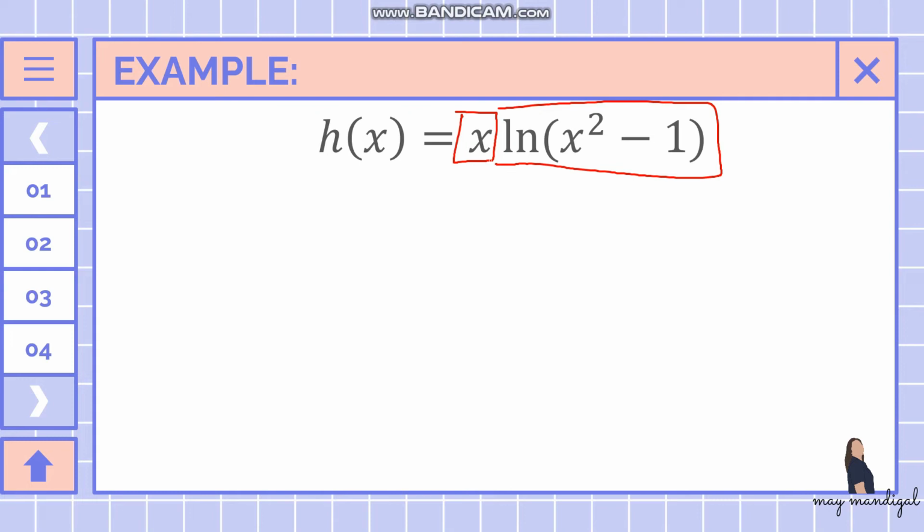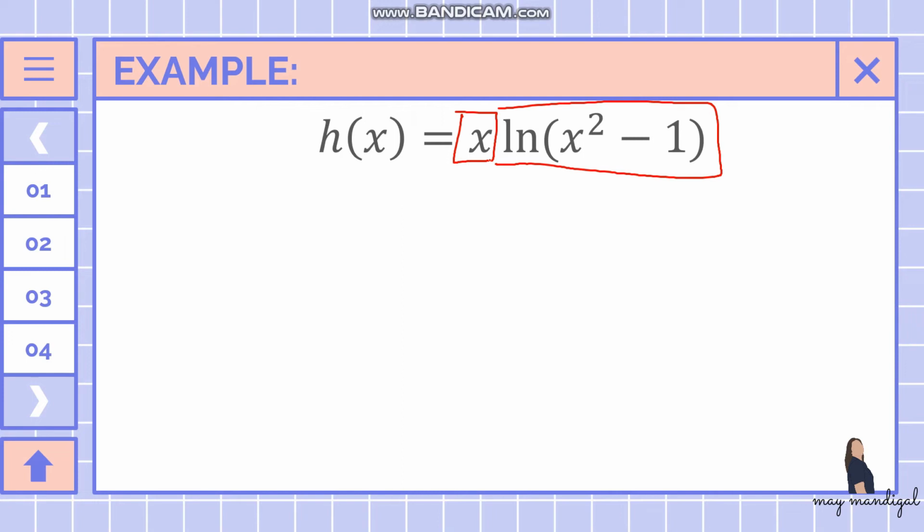In the previous examples, there's only one term present, so we don't have any problem with that. But if in case there's something like this, there are more than one term present, so you have to identify them. So that is one clue that I can give you before you start to think of what technique to use.